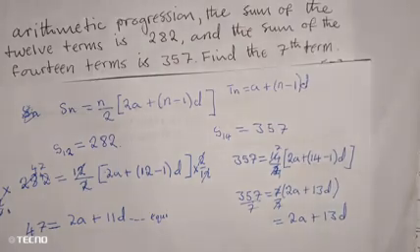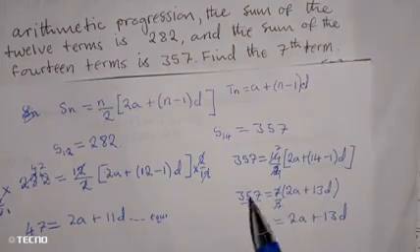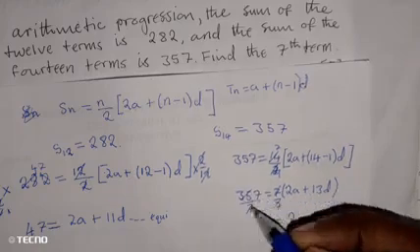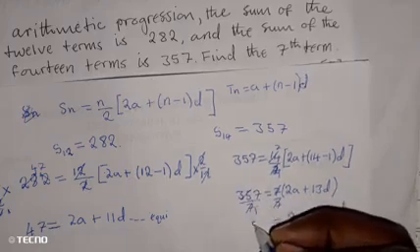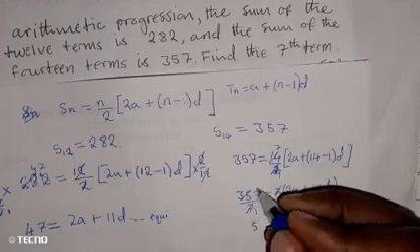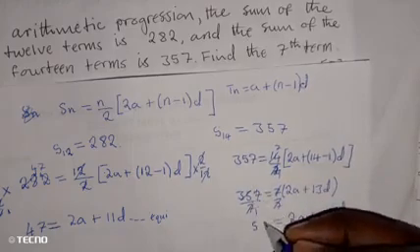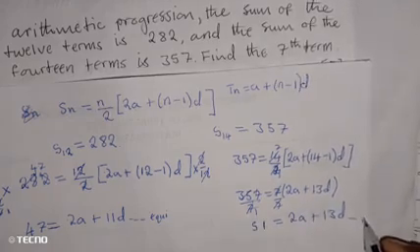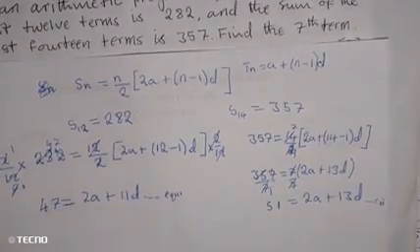Then we divide: 7 into 35 is 5, and 7 into 7 is 1. So here we have 51, which is equation 2.